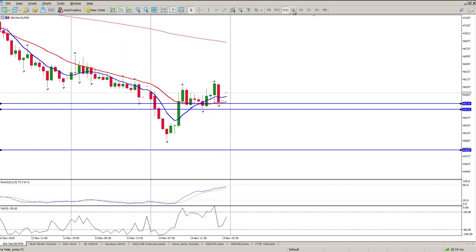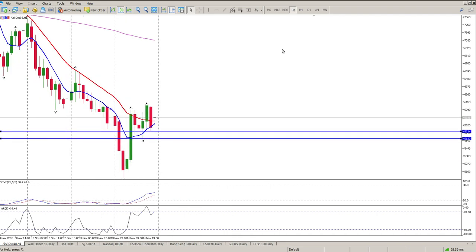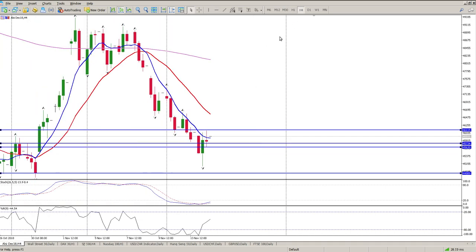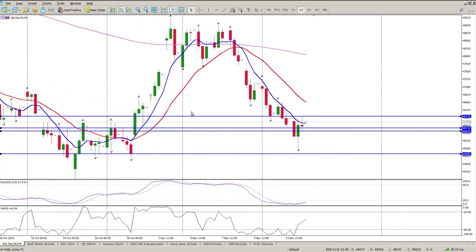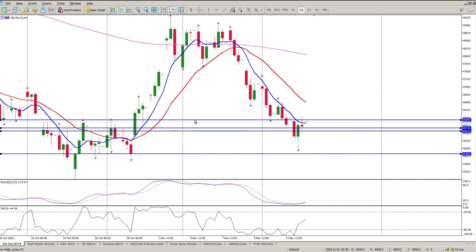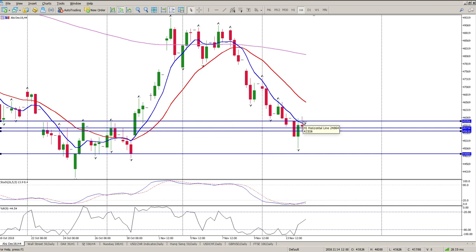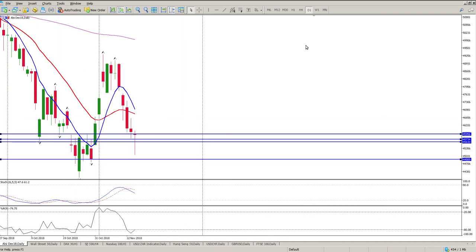The only thing that's going to change my mind is a really solid 1 hour break. Wow, that's interesting. We're going to need a close above 45,956 on the 4 hour.